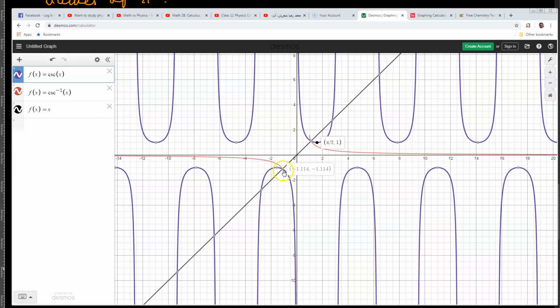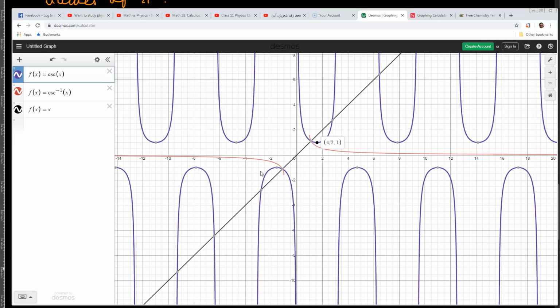And if you take the image of this curved line through the line y is equal to x, you will get this curve over here. And so again, the function is symmetric about the line y is equal to x, right?